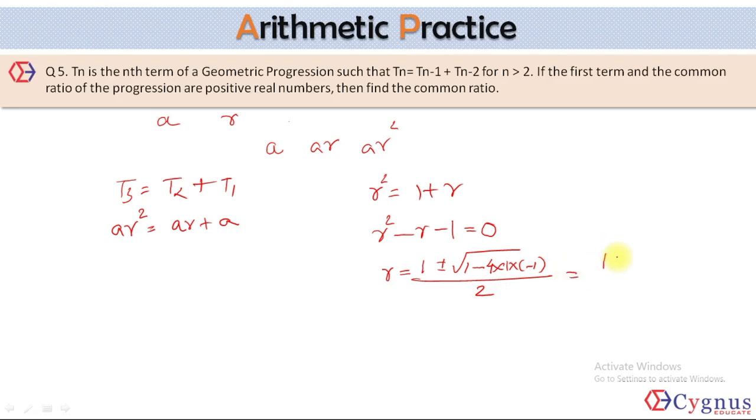So this will give you 1 plus minus root of 5 by 2. You're getting two values here, but since the value of r is positive, I'll consider only the first value, that is 1 plus root 5 by 2. So the answer becomes 1 plus root 5 by 2. Now this was the application of quadratic equation as well as progressions. Let's look at the next one.